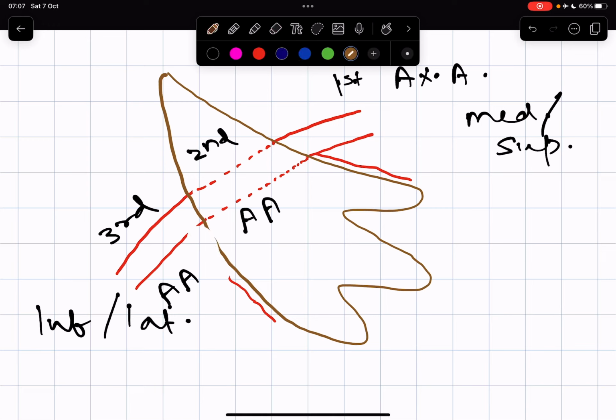So here is the pectoralis minor muscle, here is the third part of the axillary artery. Here is the lateral thoracic artery, which is actually coming from the second part.